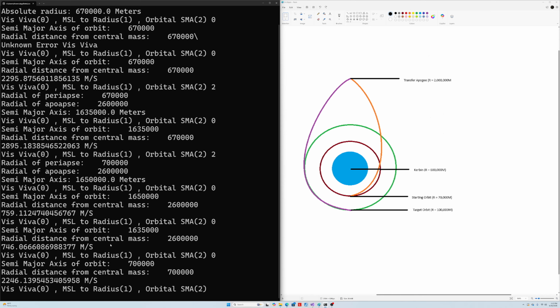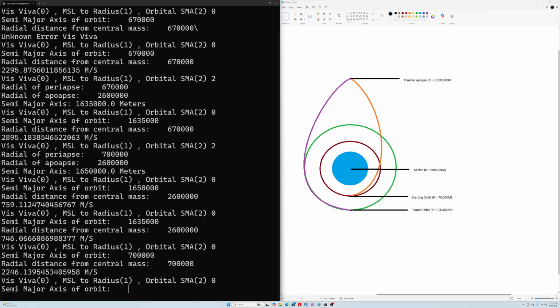giving us an orbital velocity of about 2,246 meters per second. Next, we have to determine exactly how fast we will be traveling as we approach our periapsis, which is at our target altitude, from our second transfer orbit, which is very rudimentary. So we will just perform another vis-viva equation. I do believe we have the semi-major axis of that target orbit somewhere in here.